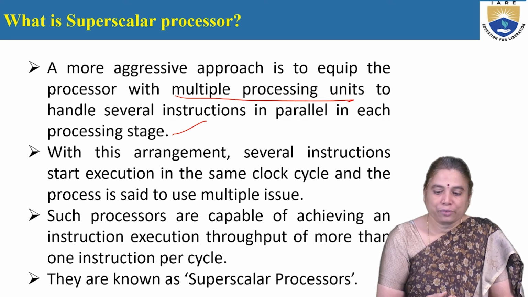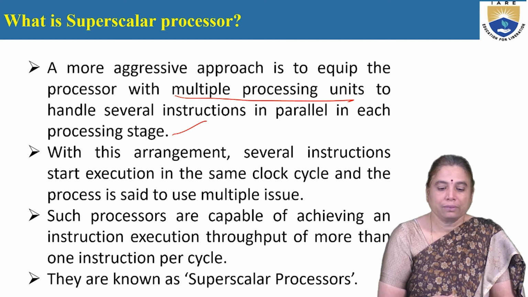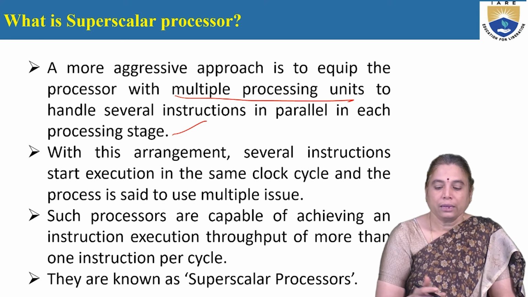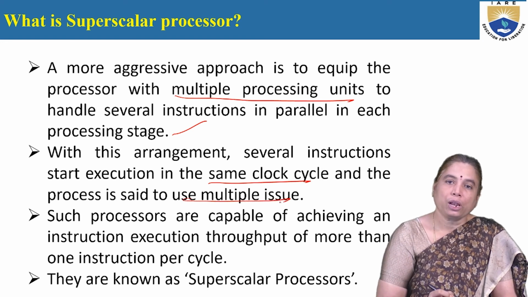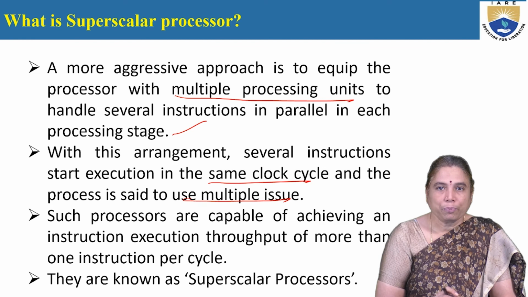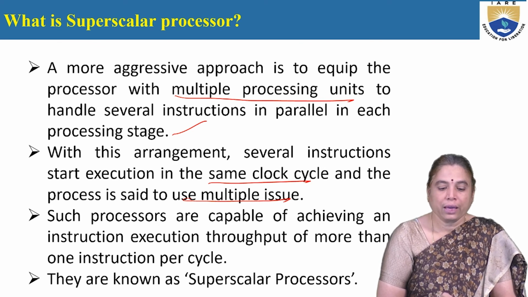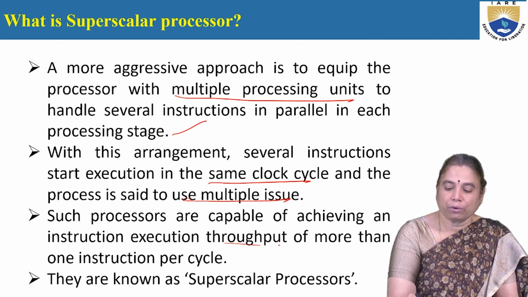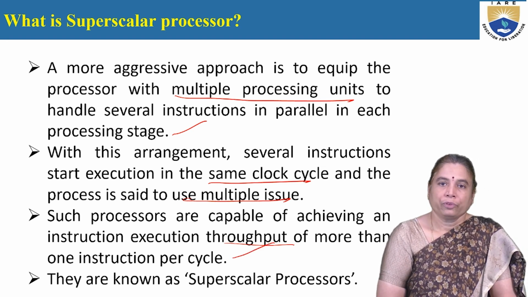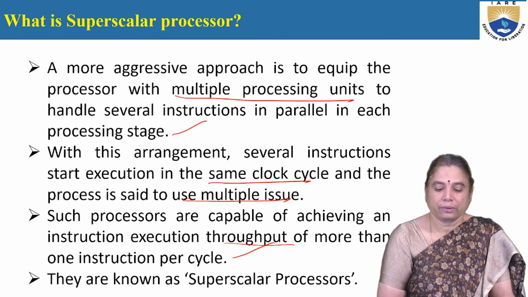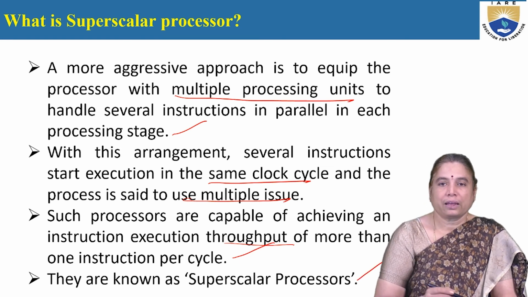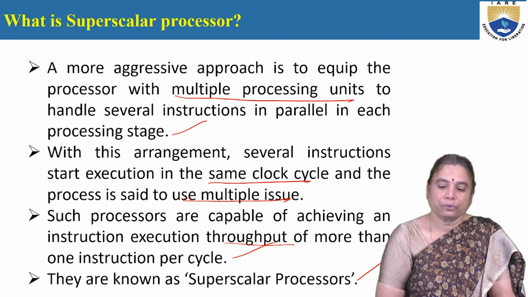With this arrangement, several instructions start execution in the same clock cycle and the process is said to use multiple issues. Such processors are capable of achieving an instruction execution throughput of more than one instruction per cycle. So these processors are referred to as superscalar processors.